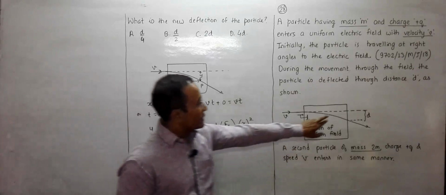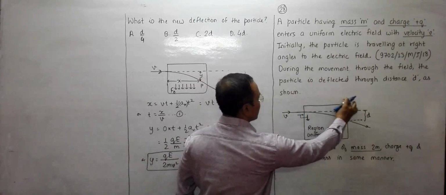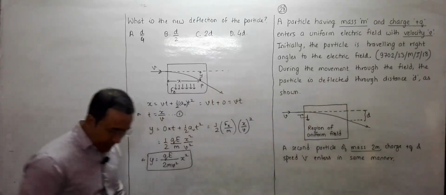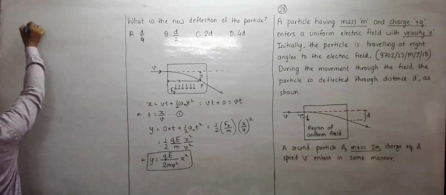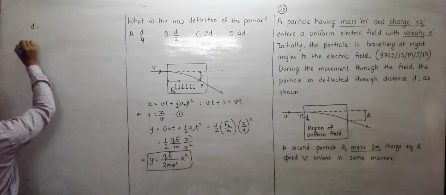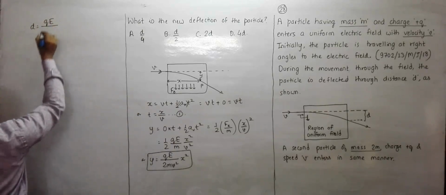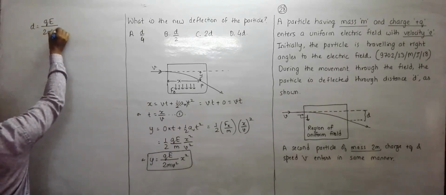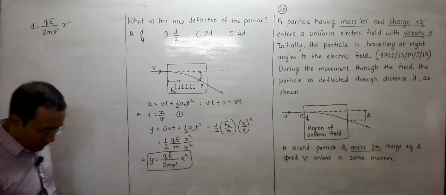Now the deflection here is d, and let us say this whole distance is x. We have the symbol d here. So in this case, d is equal to qE divided by 2mv square, then x square.